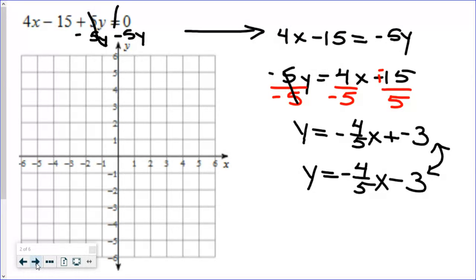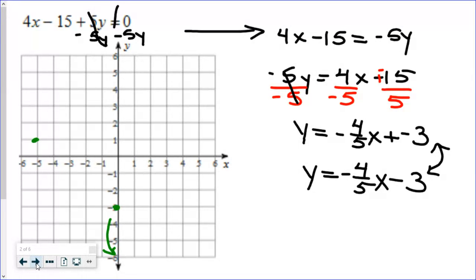So if I look, my y-intercept is negative 3, so I started down 3, and my slope is also negative, so I have to go down 4. I can't go down 4, but I can go up 4, and then backwards 5. And I need to do that because I don't have enough space going that way.